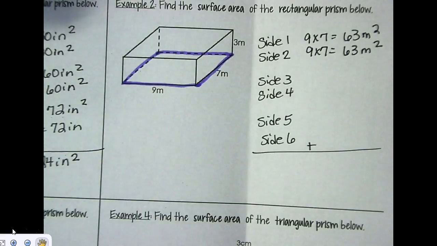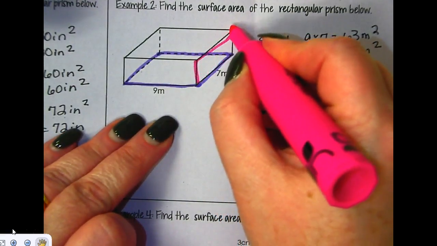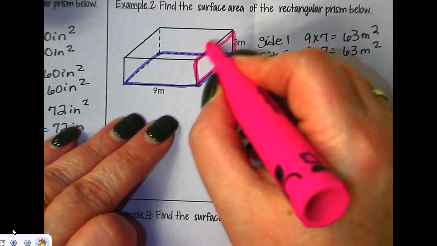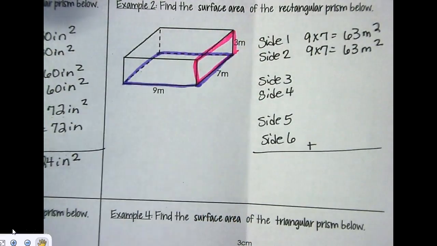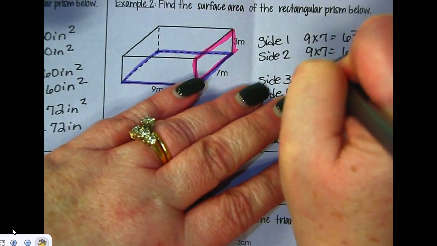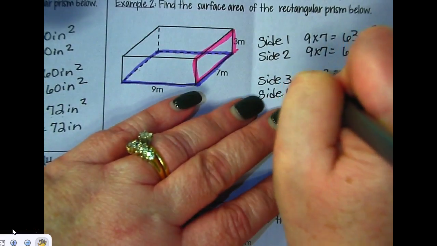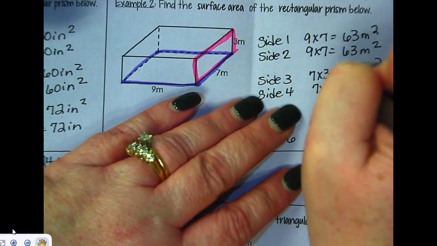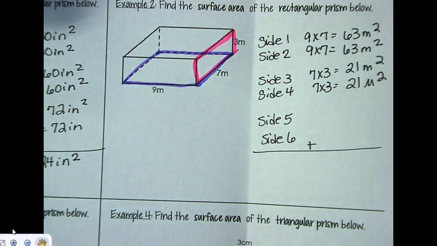All right, now let's do the left and right side. So I'm going to look at this side right here. 7 times 3. The base is 7 and the height is 3. 7 times 3. 21 meters squared. All right, now what are we missing?